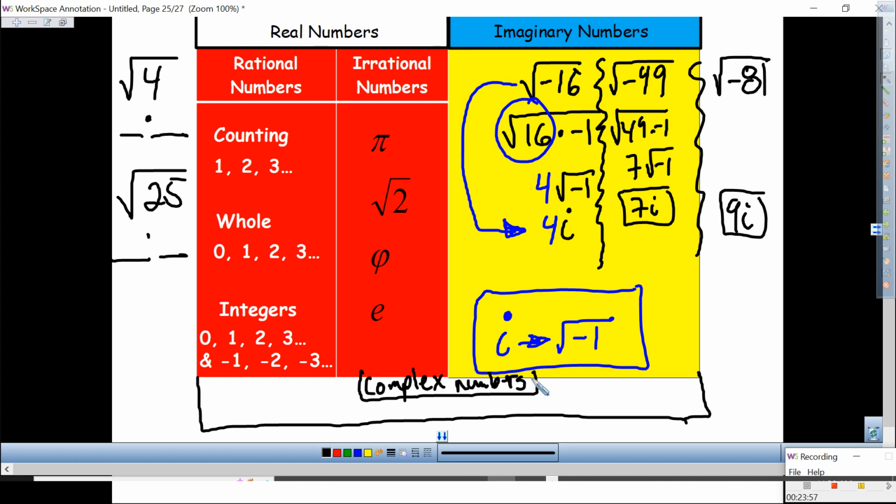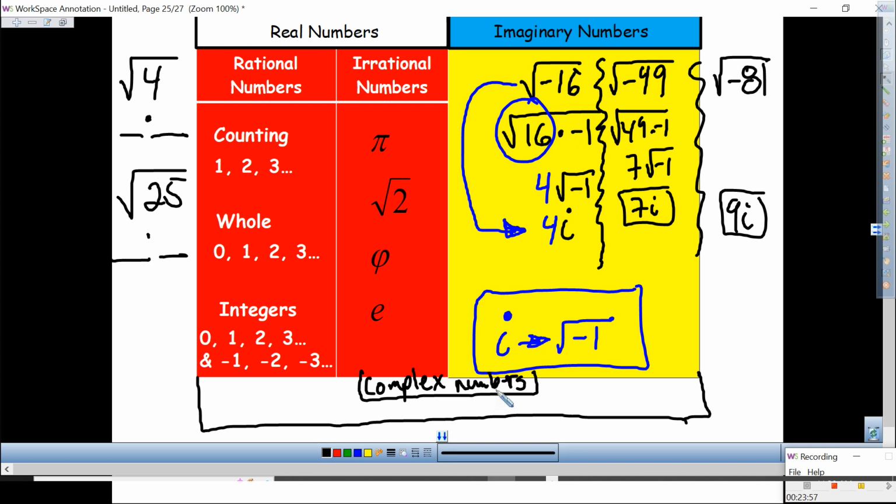Now, I told you that I made up this table, right? Because I think a little bit more in a logical sense to see if it transfers over. Now, check this out. What kind of numbers do we have on the left side over here? Real numbers. What kind of numbers do we have on the right? Imaginary. Complex are a combination of real with imaginary.